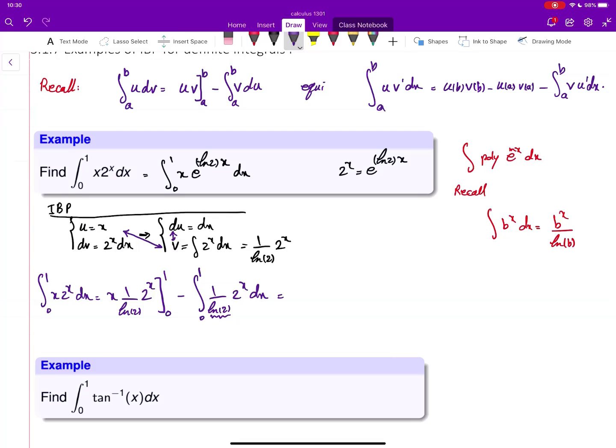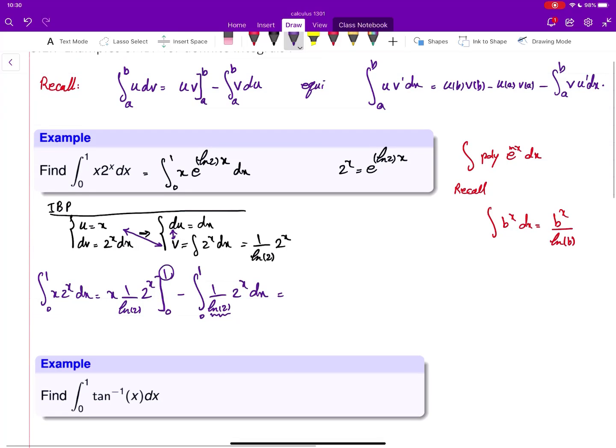Let me evaluate the first one, which means evaluating the function at the upper limit. This will be 1 times 2 to the power 1 over ln 2, minus, evaluated at the lower limit, 0 times 2 to the power 0 over ln 2. So that is the first part.